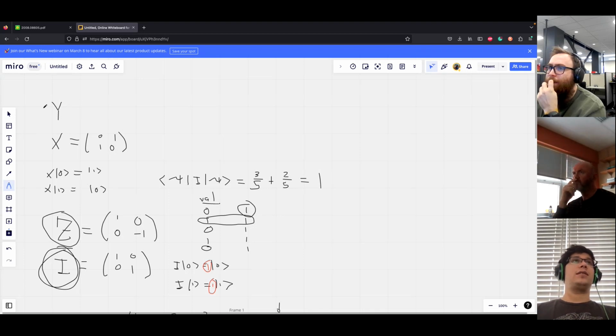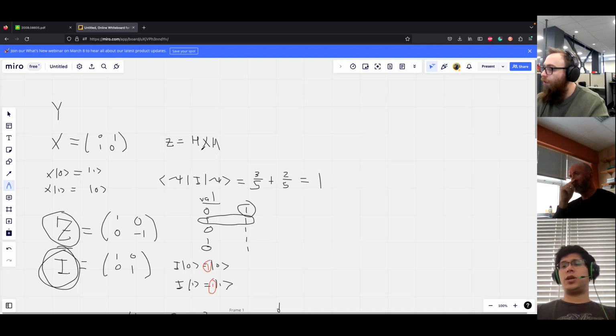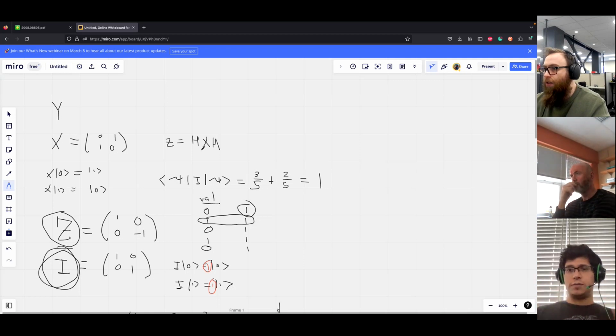For the Y observable it is another thing, but basically what we need to do is convert this X to a diagonal operator, because in this case we don't have an eigenvalue for the 0. We can do that with the Hadamard gate. I think it's H X H. And then you can do something extra on the circuit to change the basis and then rotate your qubit and then measure in another direction, but this can get technical.